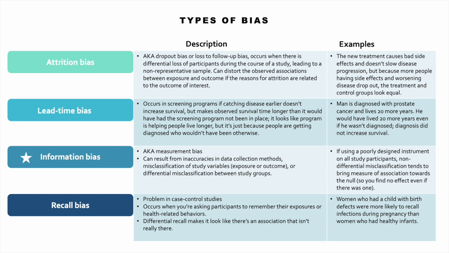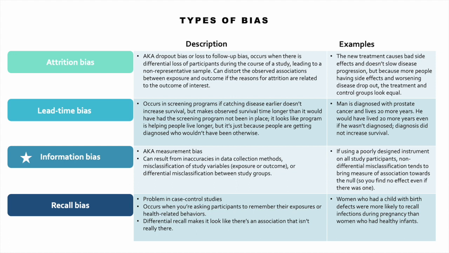Recall bias is classically a problem for case control studies. It can occur anytime you're asking people to remember their exposures or health-related behaviors or anything that happened from the past that can't be objectively verified.